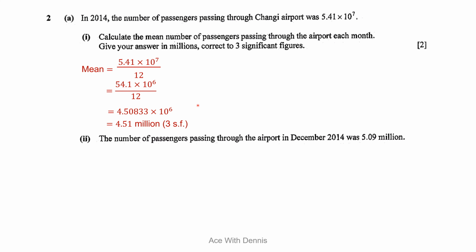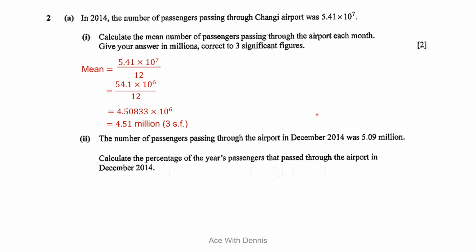Then part 2. The number of passengers passing through the airport in December 2014 was 5.09 million. Calculate the percentage of the year's passengers that passed through the airport in December 2014. 2 marks. Okay, so we need to calculate the percentage of the number of passengers in December compared to the total number of passengers in the year 2014.